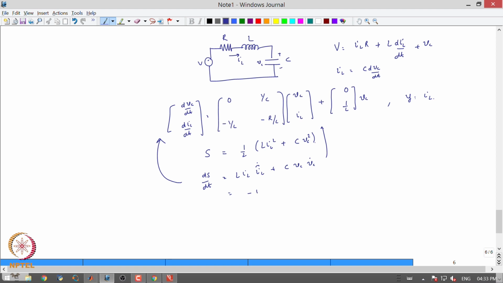So this is minus I R square plus IL times the input voltage. Okay.